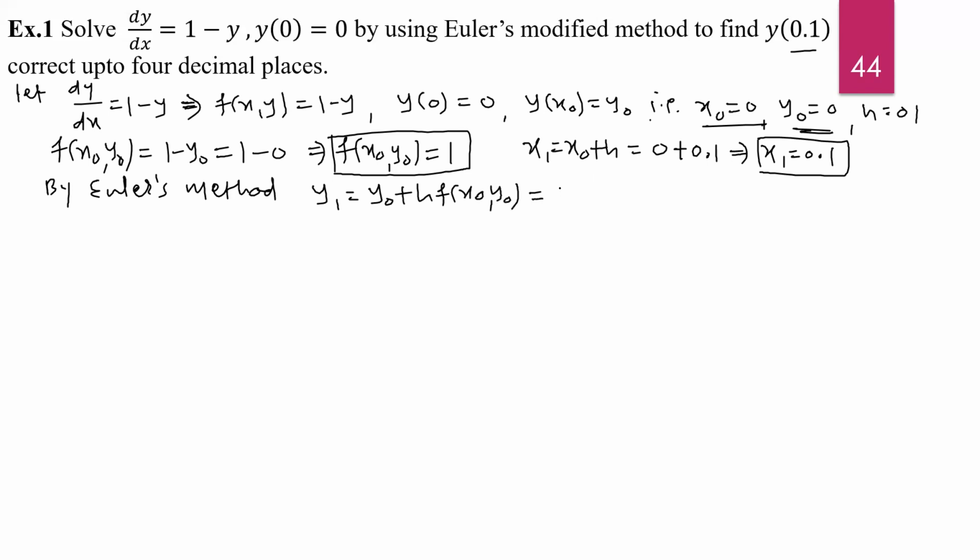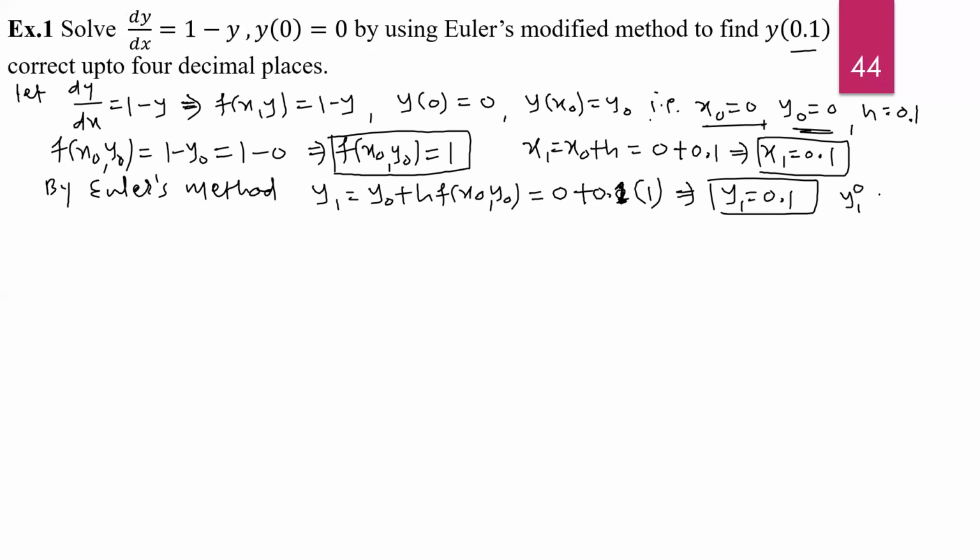The value of y naught is 0, plus the value of h, which is 0.1, and the function we calculated, that is 1. Now 1 into 0.1, so we get the value of y1 as 0.1, and this value we denote as the first modification, the initial modification.